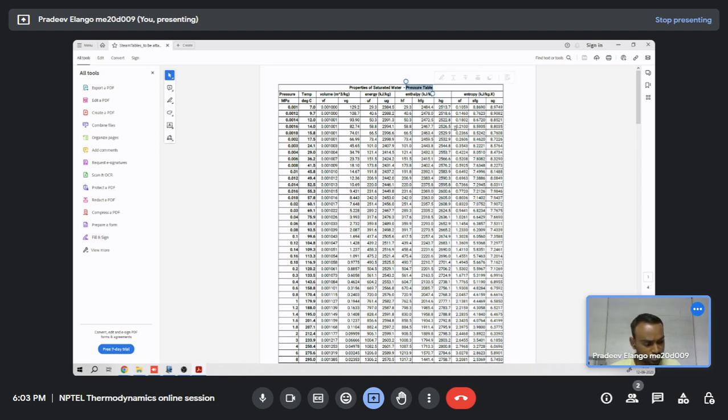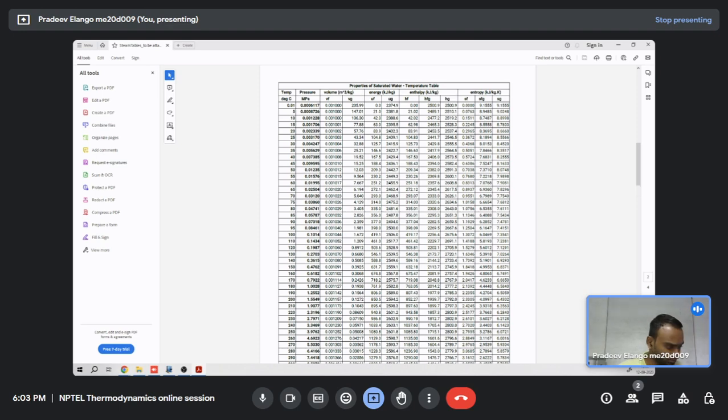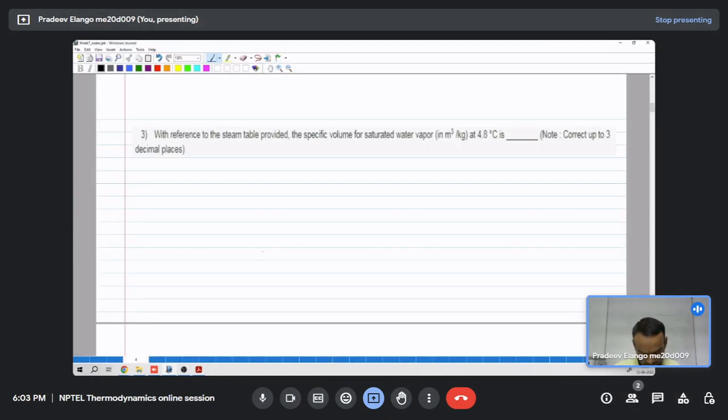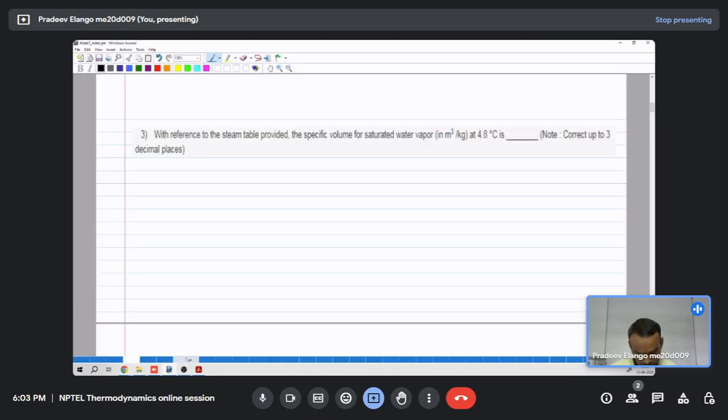That means the properties are given for some particular saturated steam pressure, and then on the next page we have the temperature table. So we have to interpolate between the first two temperatures, that is 0.01 and 5 degrees Celsius, and it was asked for specific volume.